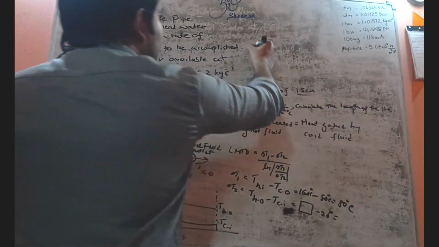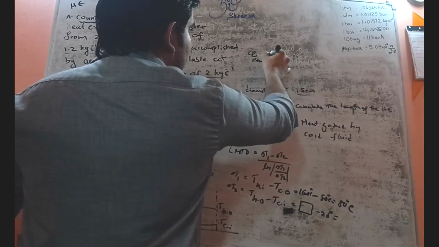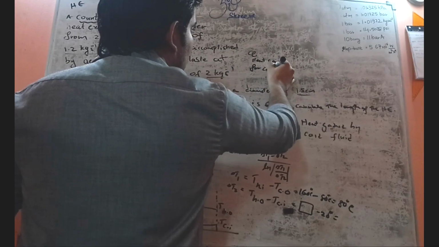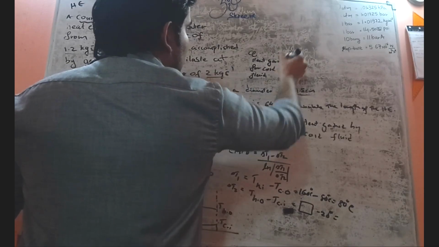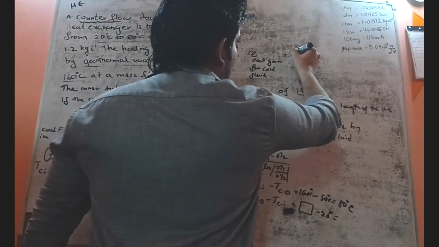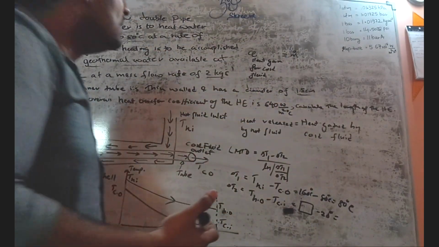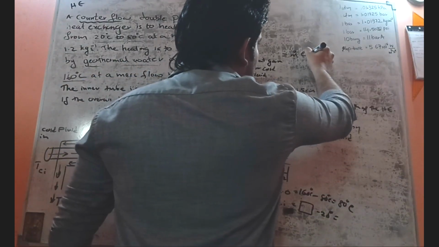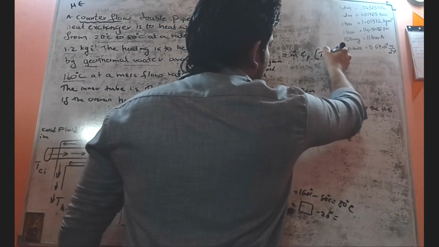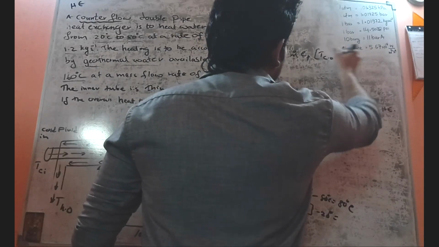So Q dot, let's say heat gain for cold fluid, equals what? m dot, in terms of mass flow rate, times specific heat capacity times the temperature difference, right? What is the temperature difference? T cold out minus T cold in.